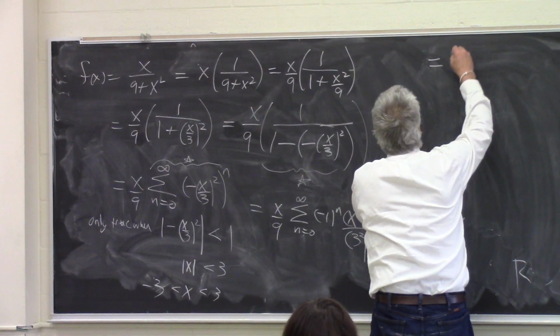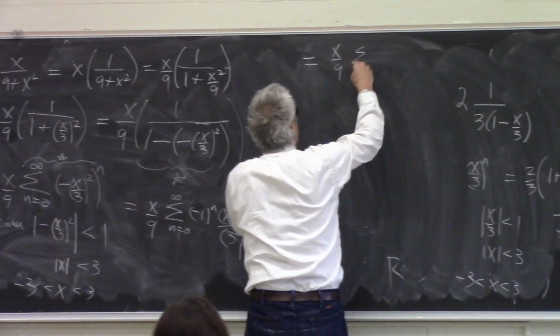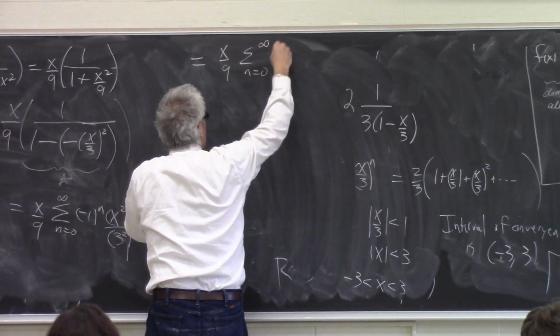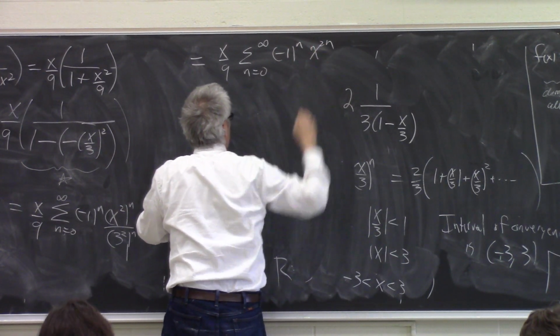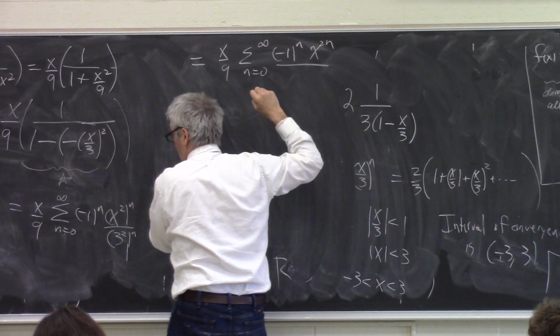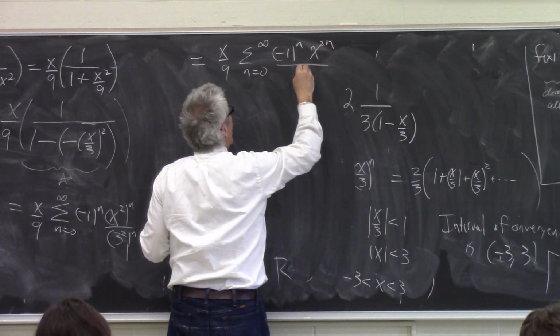And this is equal to x over 9 times the sum as n goes from 0 to infinity of minus 1 to the n. X squared to the n is x to the 2n. And on the bottom I have 3 squared to the n. That's just 9 to the n.